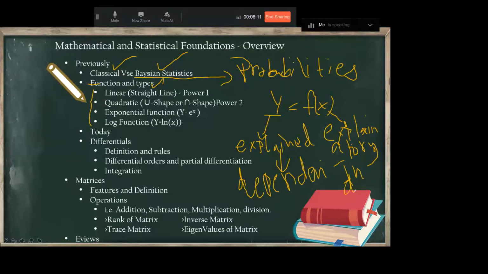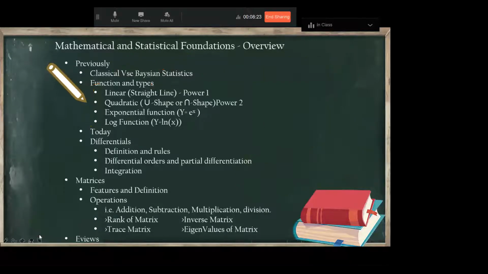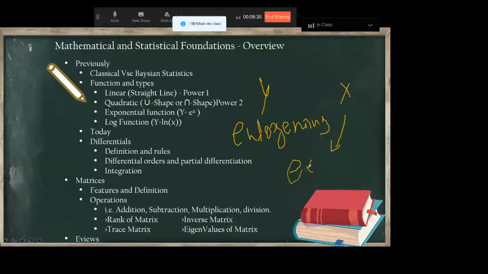Then y is also known as the endogenous variable, and x is the exogenous variable. So there are different names.